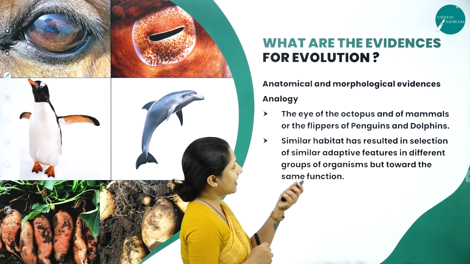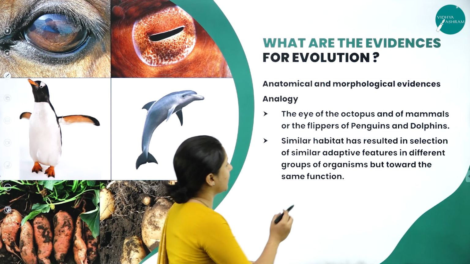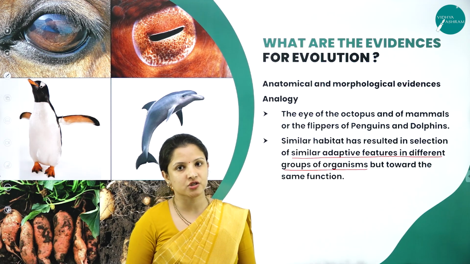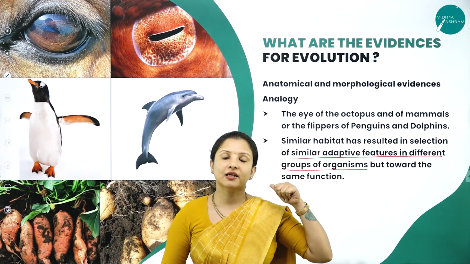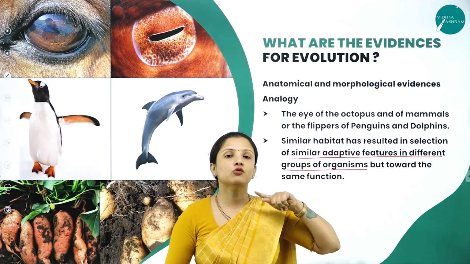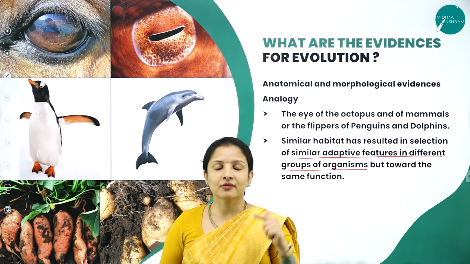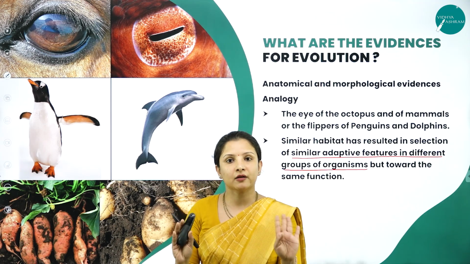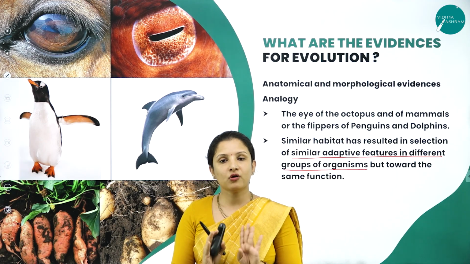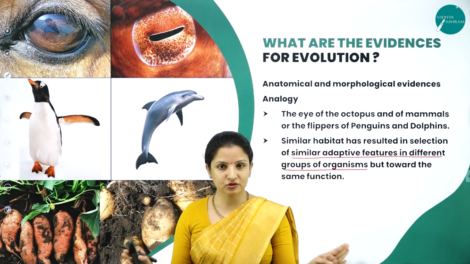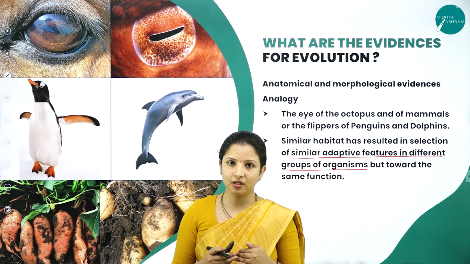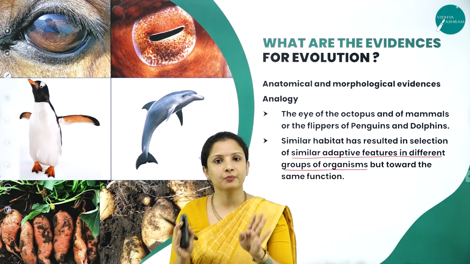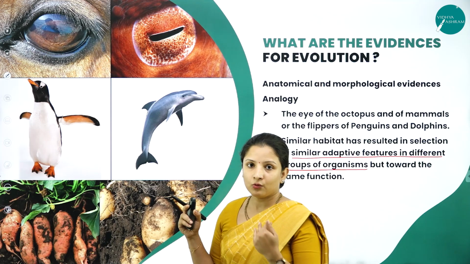Next, similar habitats have resulted in selection of similar adaptive features in different groups of organisms, but towards the same function. In the case of divergent evolution, wherein we took homologous organs as an example, different organisms adapt to different environmental conditions and therefore have organs or body parts which are anatomically similar but morphologically different, to perform different functions suited to the particular habitat in which they live.